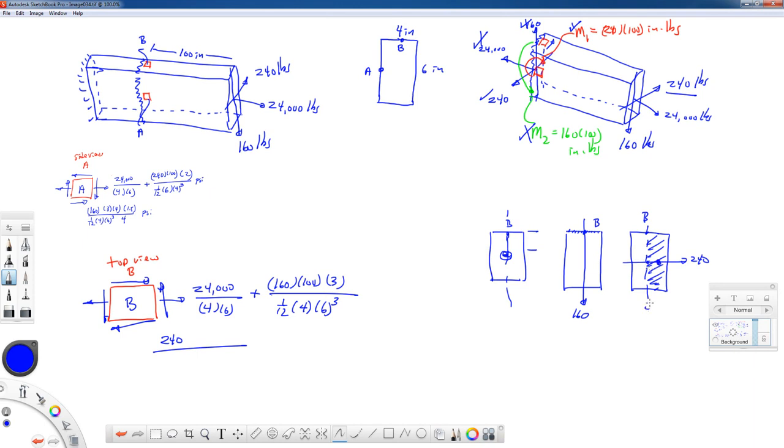Now the entire cross-section width is 4 inches, so the distance over here to the edge would be 2 inches, so that means the distance from the centroid of the cross-section to the centroid of the shaded area would be 1 inch. So that's the y bar. Now the area would be, this time, 2 by 6 inches. This is the easy to bend direction.